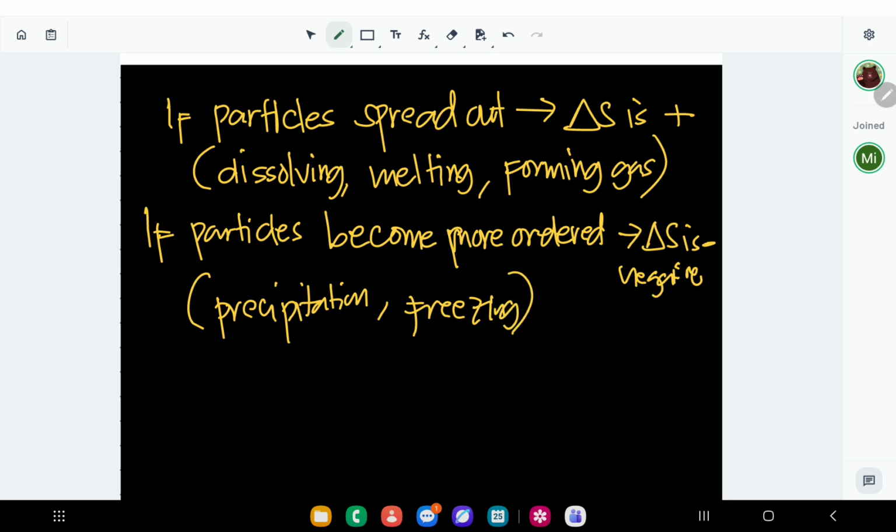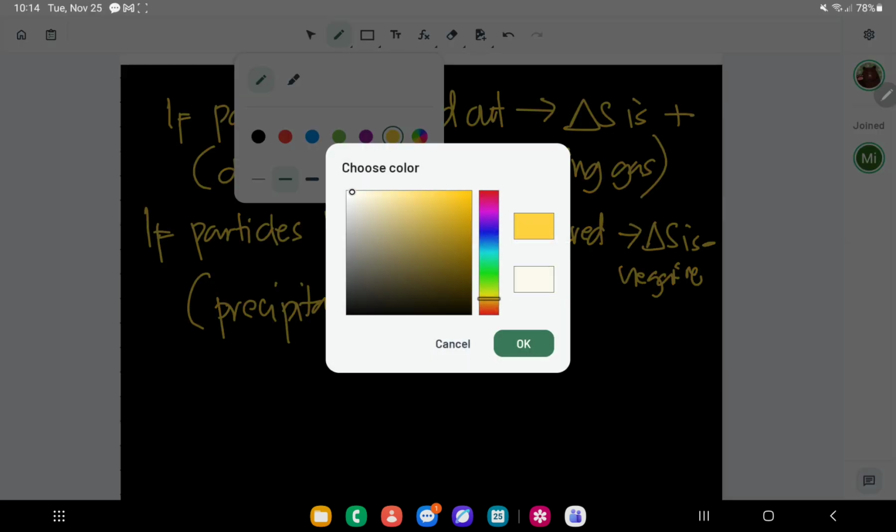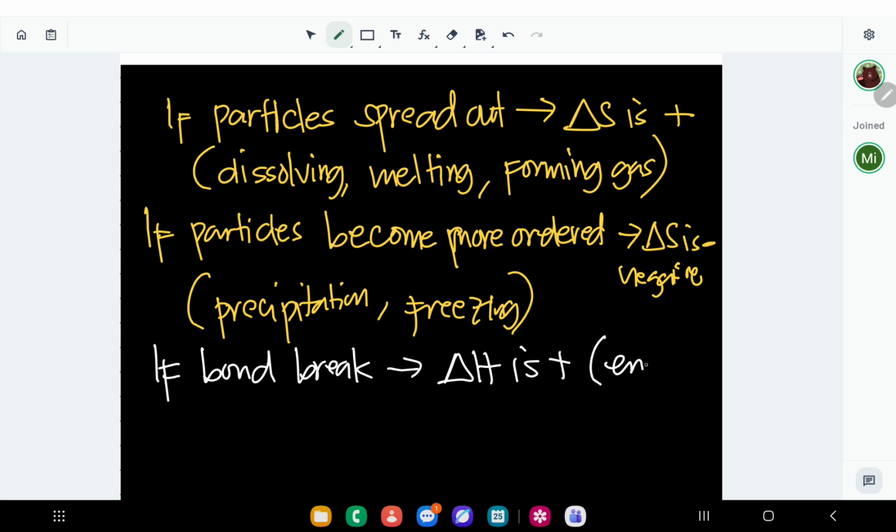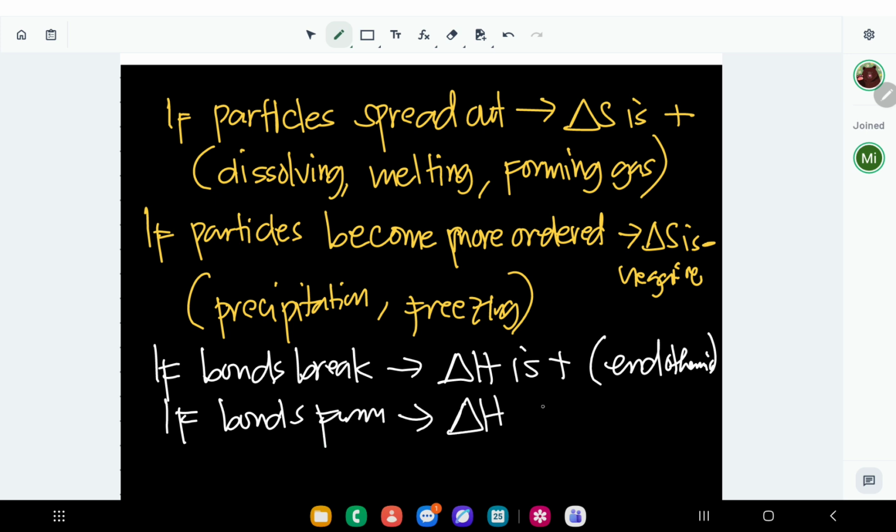Okay, that is for delta S. And for delta H, if bonds break, then delta H is positive. This is an endothermic process. If bonds form, delta H is negative. This is exothermic.